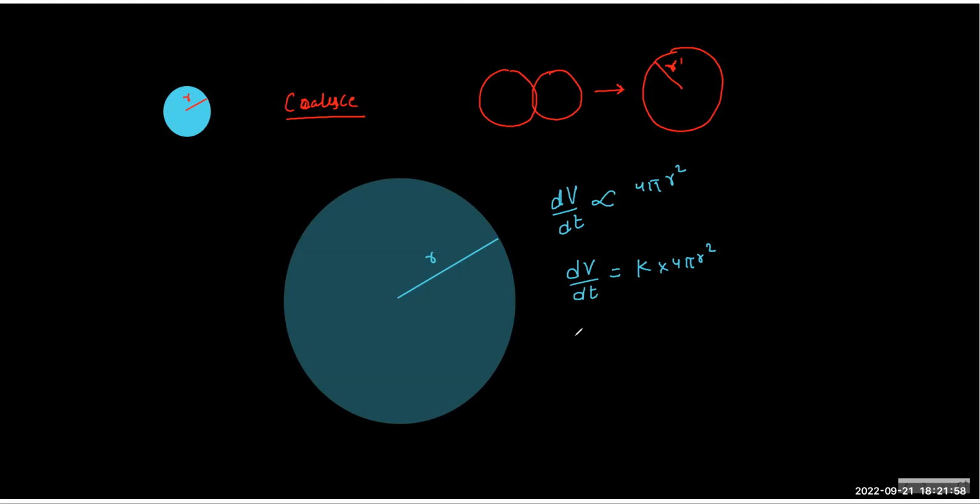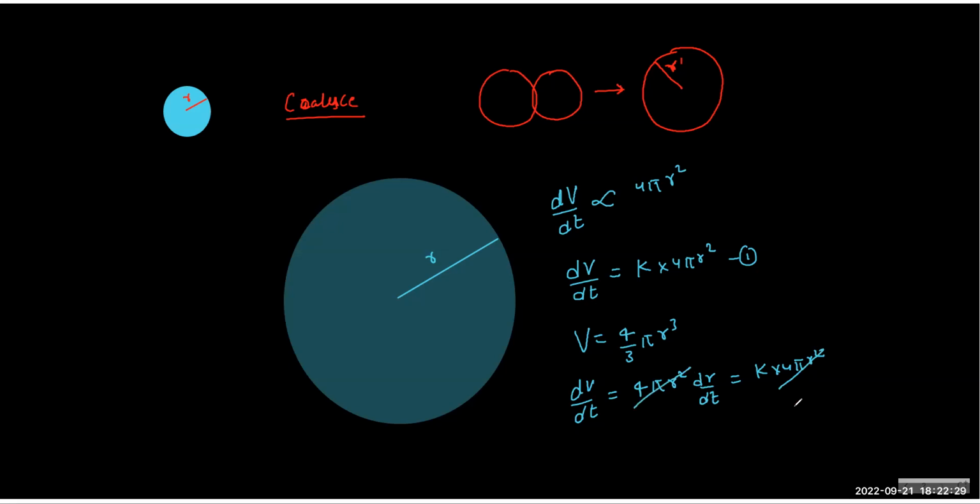Now we know that the volume of a sphere is how much? 4 by 3 pi r cube. So what is the dV by dt, guys? If I differentiate, what I'll get? 4 by 3 pi into 3r square dr by dt, which is 4 pi r square dr by dt. And we have seen from equation 1 that this must equal k times 4 pi r square.